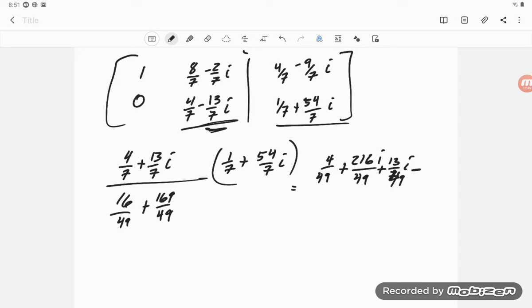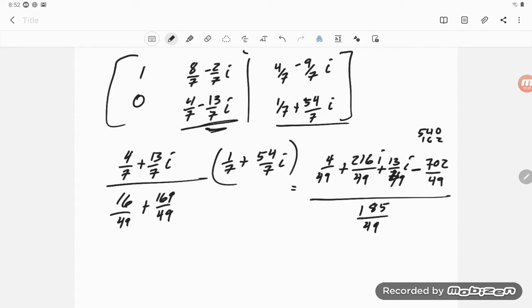And then 13 times 54, well, 10 times 54 is 540, so I'll make a note of that, 540. 3 times 54 is 162, so this looks like 702, I think, 702/49, and this is all divided by 16 and 169, which is 185/49.